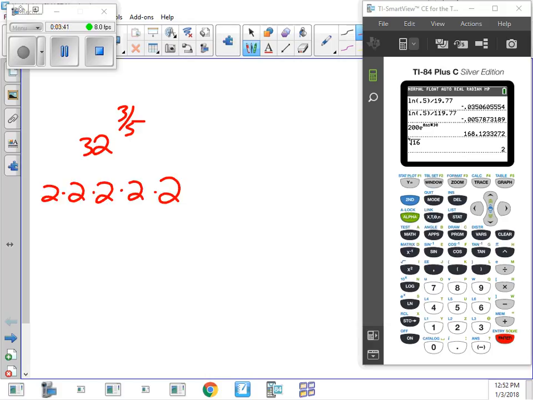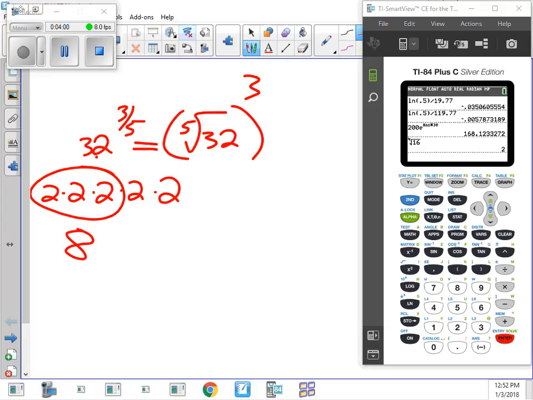And how many of those 2's belong to my answer? 3 of them, which gives me 8. Now, it could be written like this, or it could also be written as the 5th root of 32 to the 3rd. Eight is the answer.